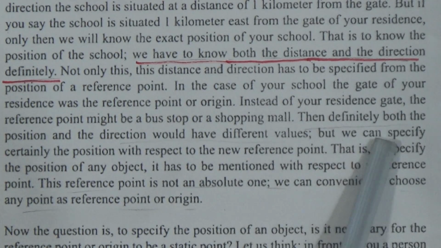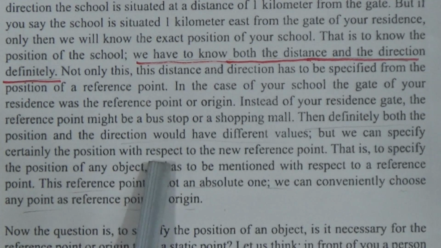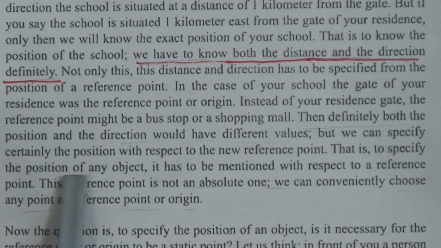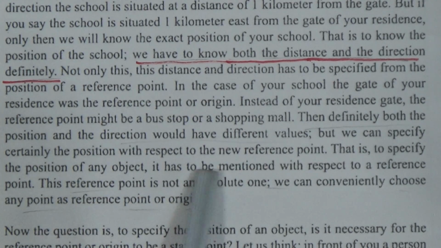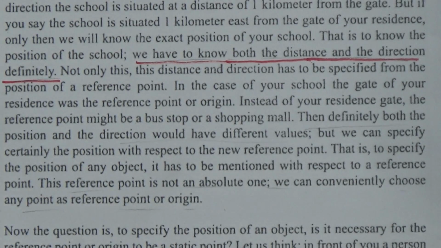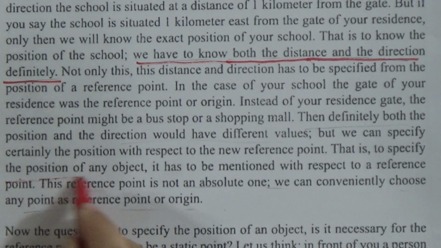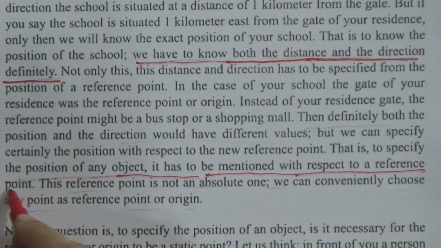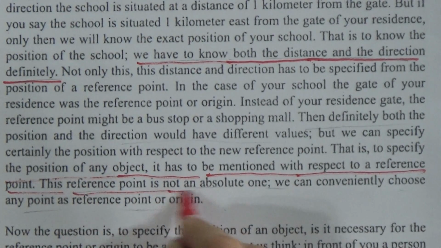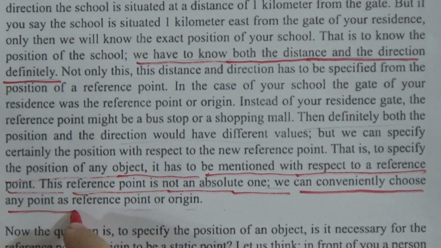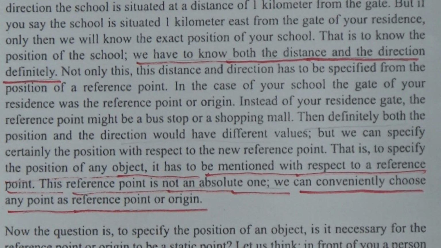But we can specify certainly the position with respect to the new reference point. That is, to specify the position of any object, it has to be mentioned with respect to a reference point also, and this reference point is not an absolute one. We can conveniently choose any point as the reference point or origin.